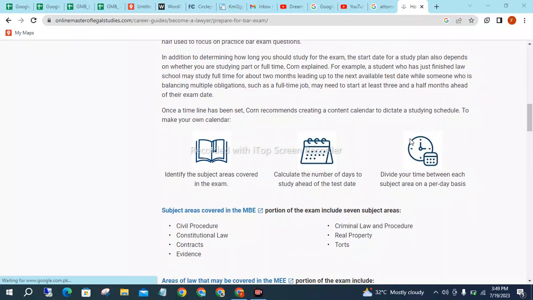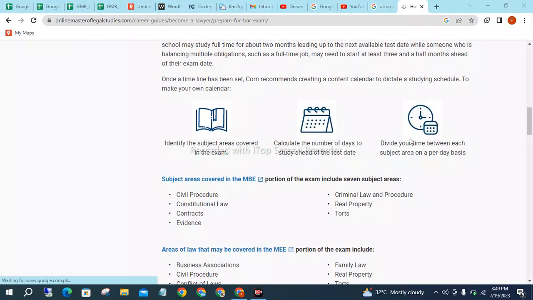Subject areas covered in the MBE portion of the exam include 7 subject areas: civil procedure, constitutional law, contracts, evidence, criminal law and procedure, real property, and torts.